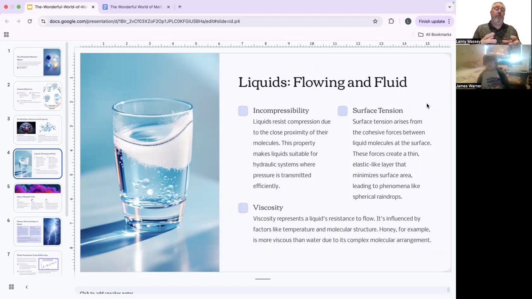Well, the oxygen from one water molecule will also attract the hydrogens from another molecule. So there's a slight attraction there. They kind of form a sheet on the top of the water, and you have to break those bonds to be able to get down into the water.